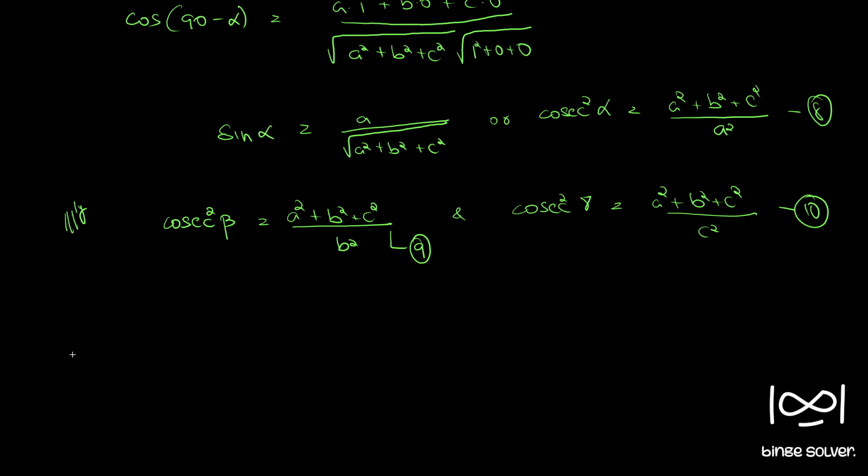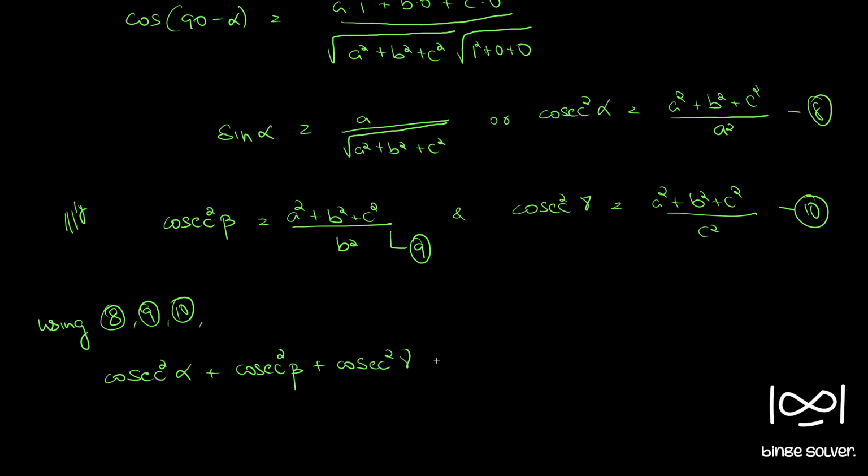So now, using 8, 9 and 10, we can say that cosec square alpha plus cosec square beta plus cosec square gamma is equal to the sum of all these, where a square plus b square plus c square is common.